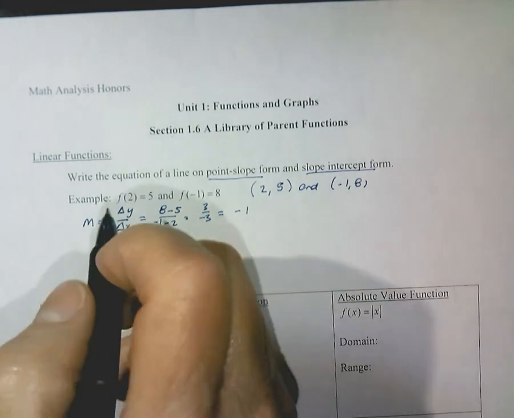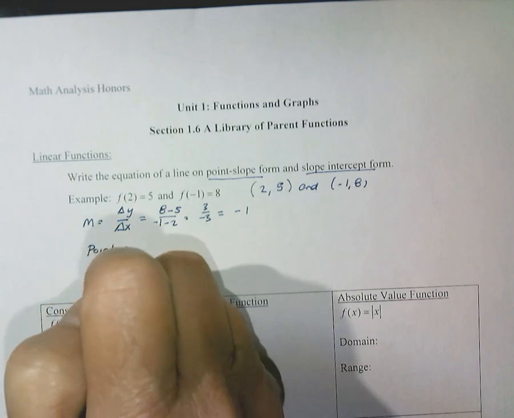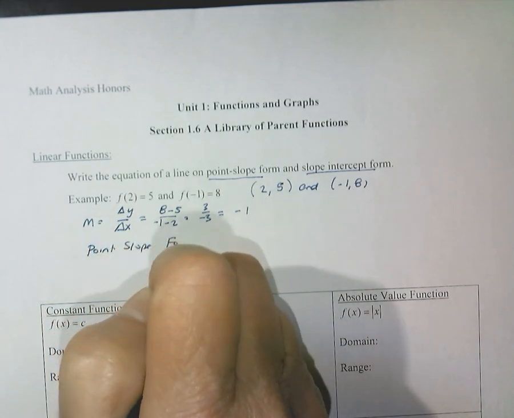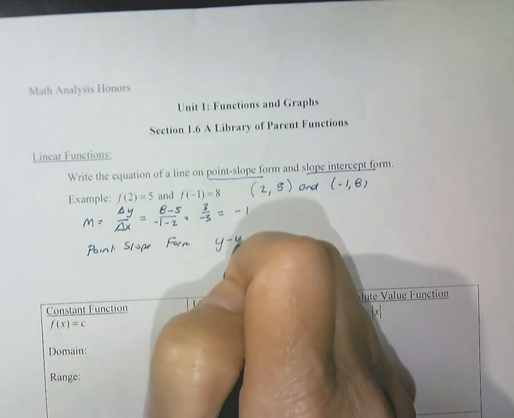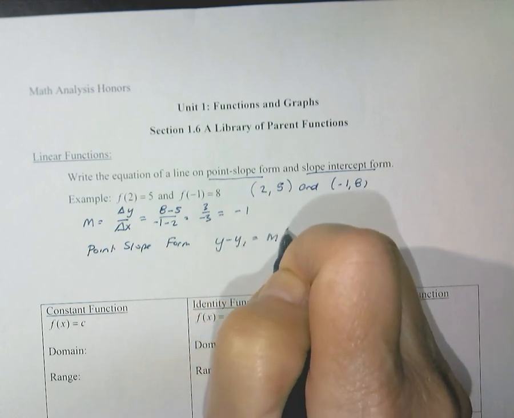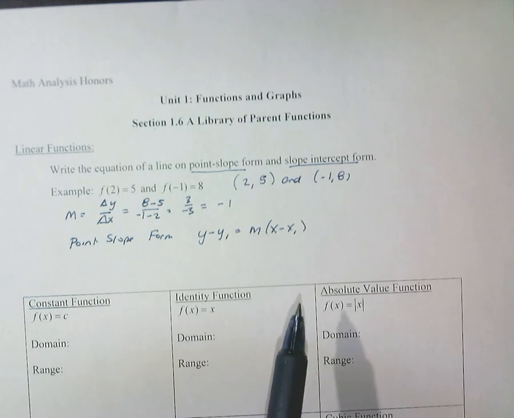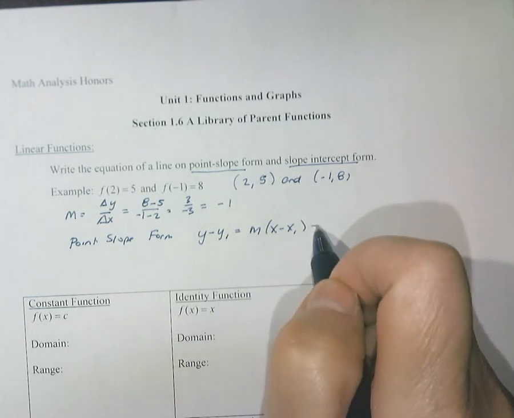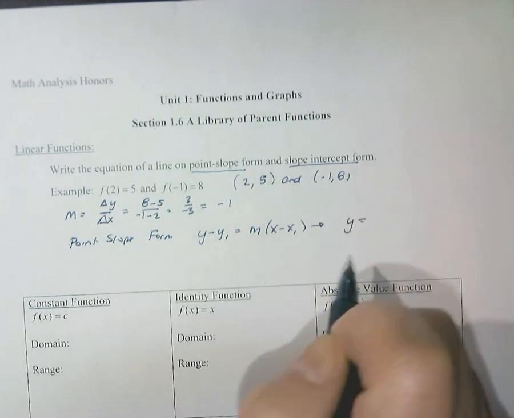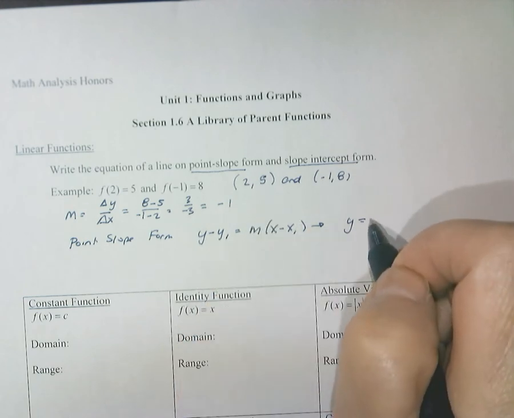So my equation in point slope form, y minus y1 equals m times x minus x1. Well, my y and my x are going to stay my variables. So I have y minus y1, I'm going to use the 5.